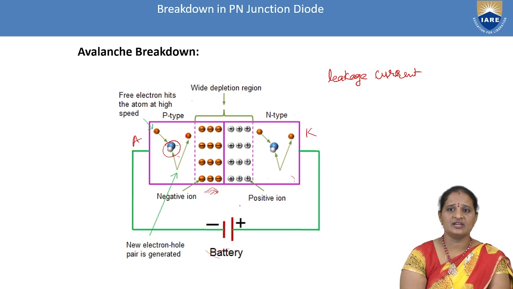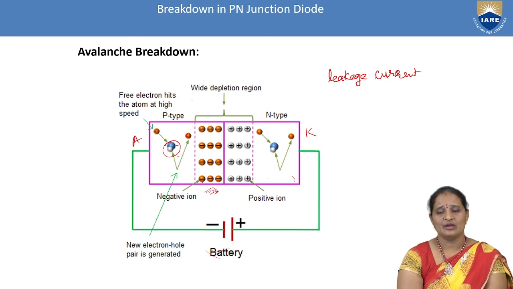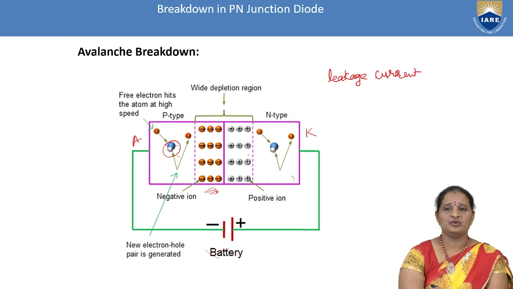If you further increase the reverse voltage, these newly generated electron hole pairs will again increase their velocity, and with that increased velocity, they will again collide with the atoms and create furthermore electron hole pairs.